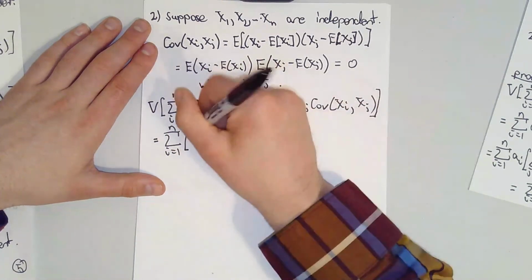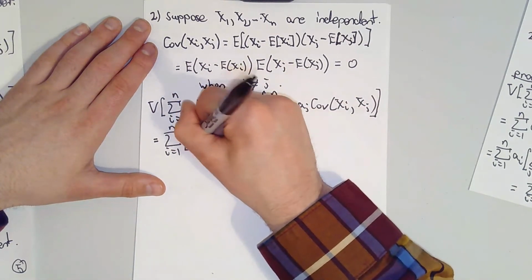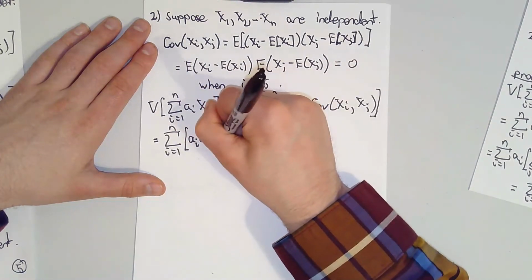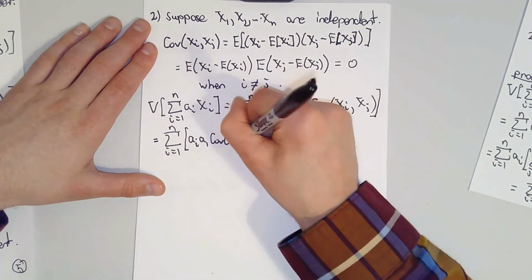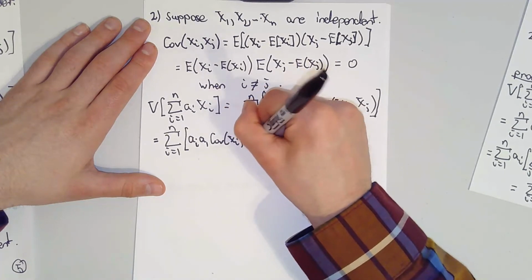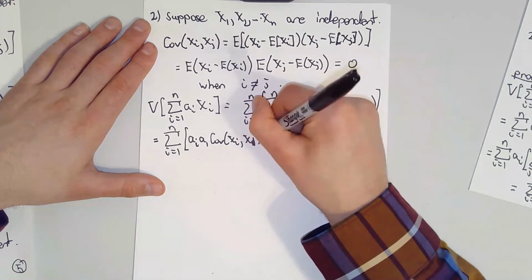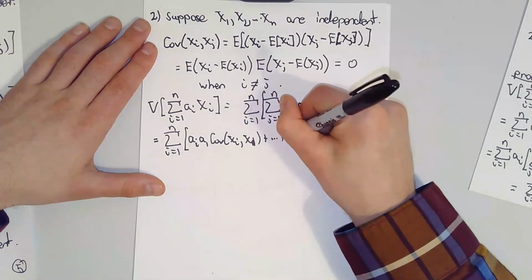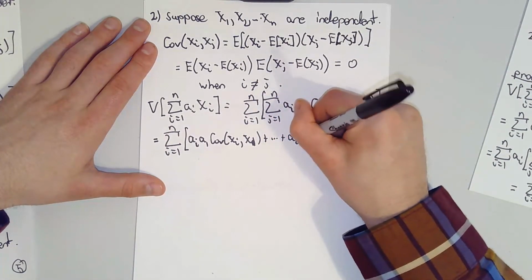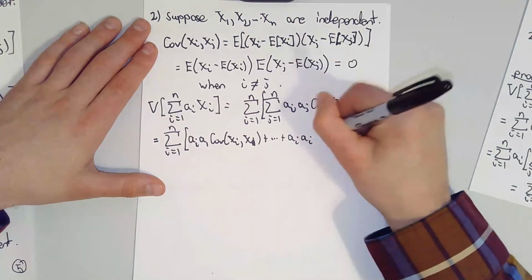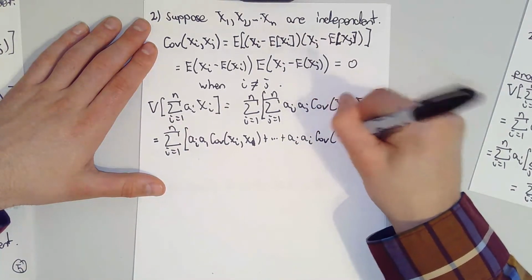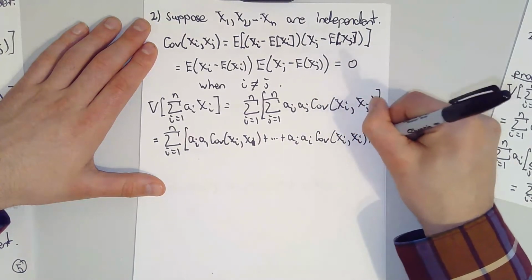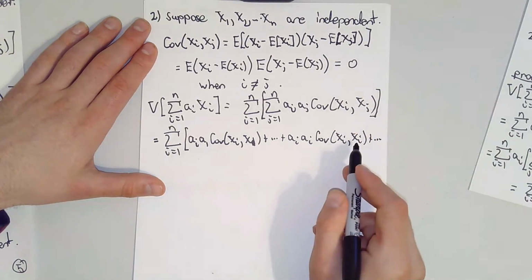We'll have a sub i times a sub 1 times the covariance of x sub i with x sub 1, and continue adding these up until we get to the ith one.